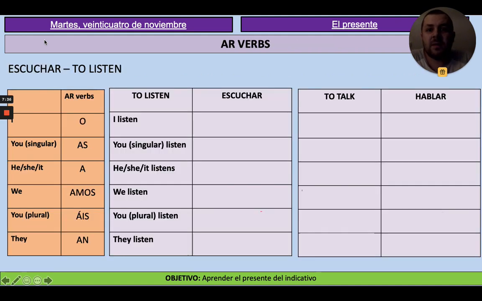Okay, so let's look at some examples now. We take the verb escuchar, which we looked at before, means to listen. I want to put this into the present tense. So I remove the AR from escuchar and I'm left with the stem, escuch, which again doesn't mean anything until we put the endings onto it.